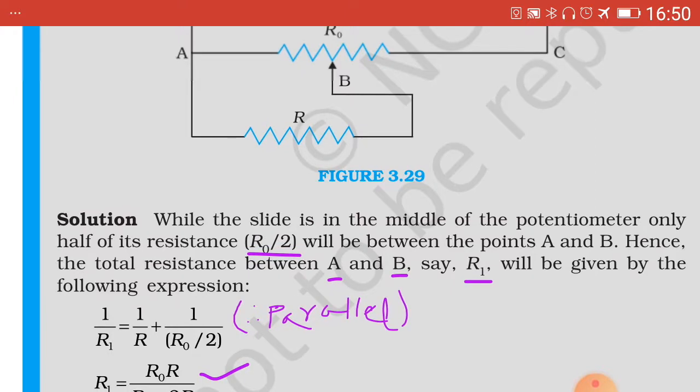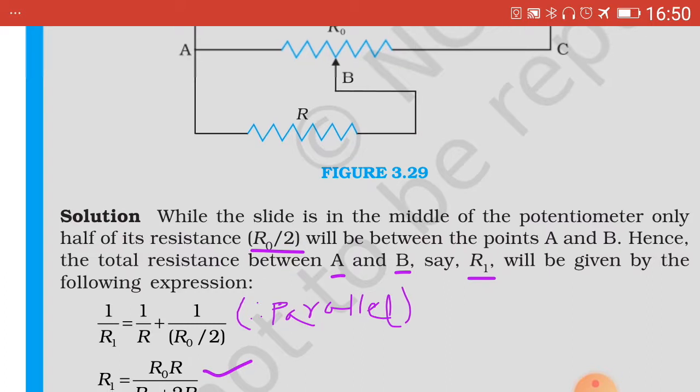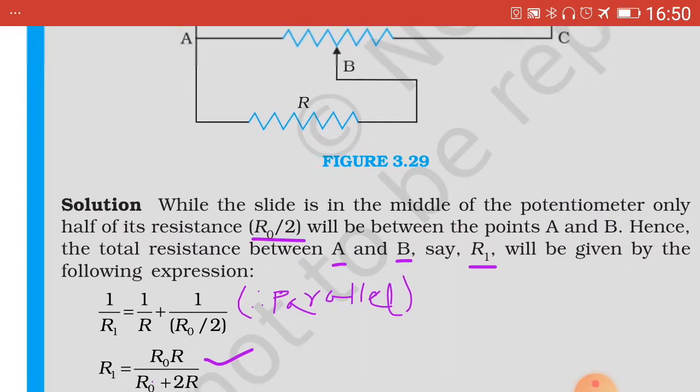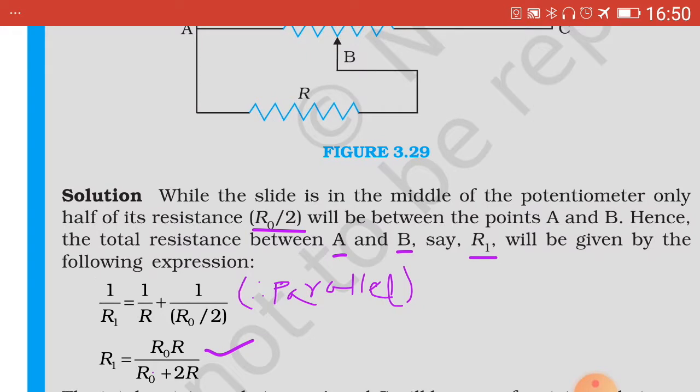Hence the total resistance between A and B, suppose let it be denoted by R1 say, then we first find the value of R1, that is 1 upon R1. Why we take this equation 1 upon R1 equal to 1 upon R plus 1 upon R0 by 2?